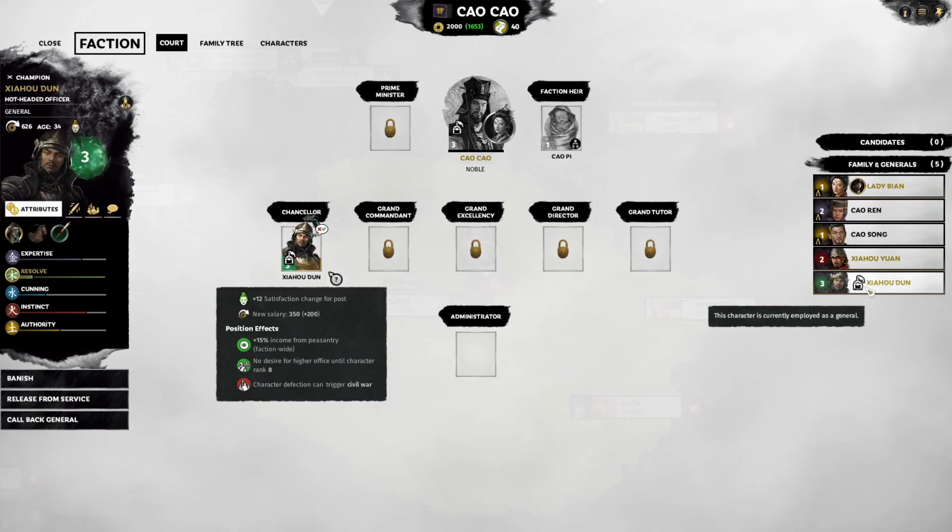And another thing to note is if you give a character such a high position, your faction council, and they defect from your faction. Now how can a character defect? Well, they can defect when their satisfaction reaches 0. So if you cannot manage their satisfaction from other aspects, because they're no longer going to be desiring a higher office until rank 8, and they do happen to defect, then you will trigger a civil war.